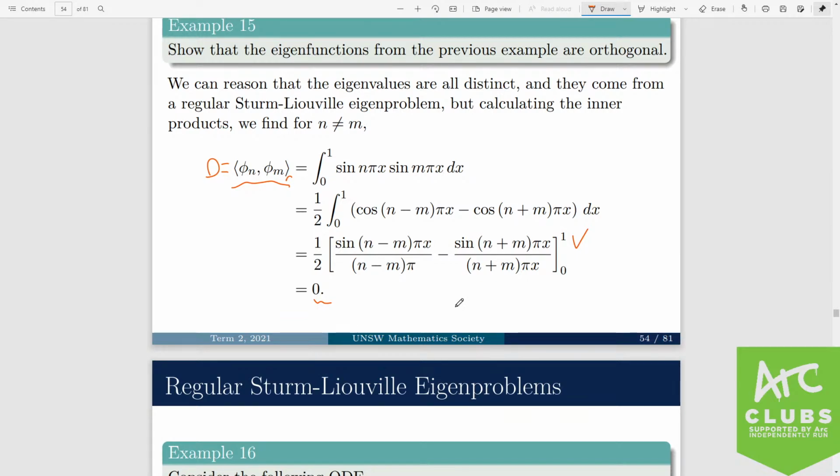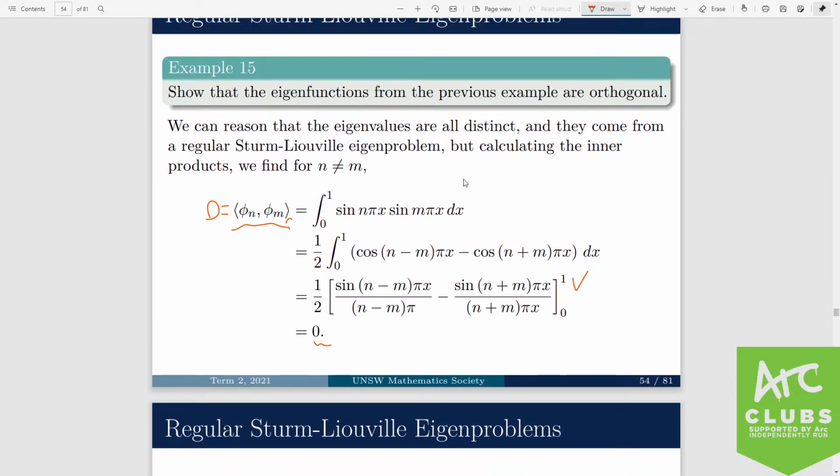And generally when you do these integrals with sine or cosine, you always get 0, because when you use the products to sums, they become a sum or difference of cosine functions. Once you integrate the cosine functions, you get sine functions, and when you sub in sine of any integer times pi, you get 0.